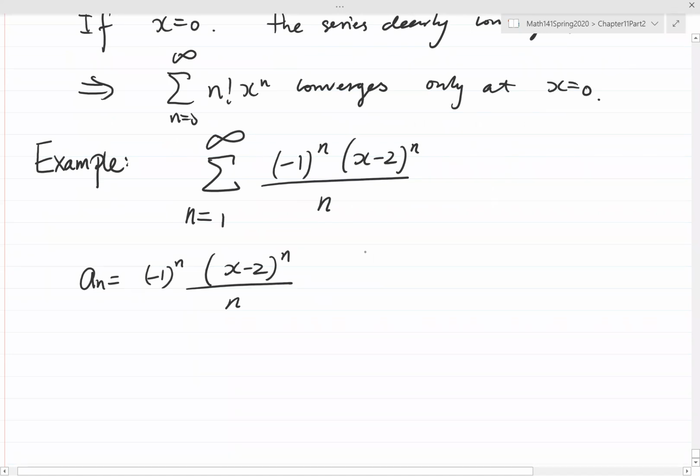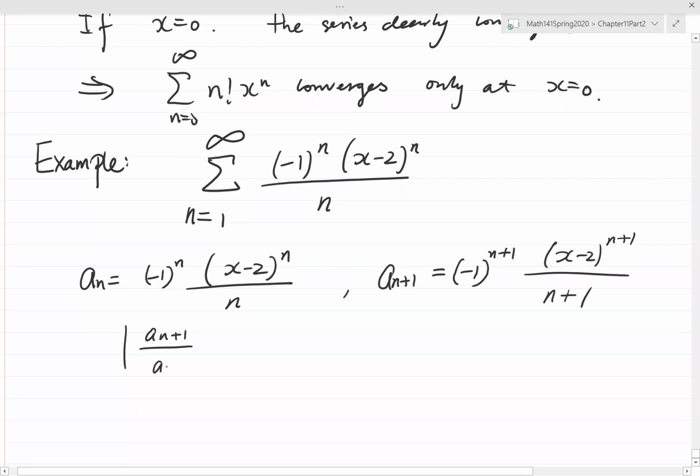Now a_(n+1): increase n by 1, and then take the ratio, a_(n+1) over a_n, and take the absolute value. When we take the absolute value, the alternating factor, negative 1 to the power n, will no longer show up, because its value is 1.